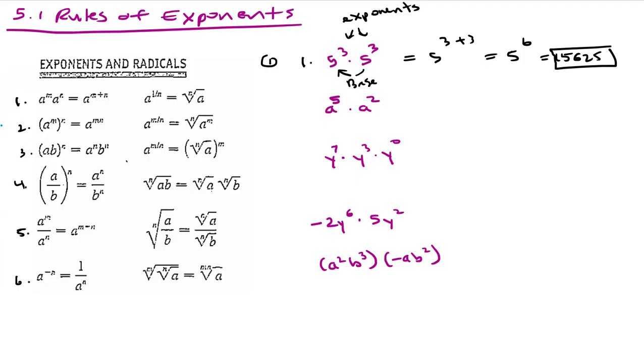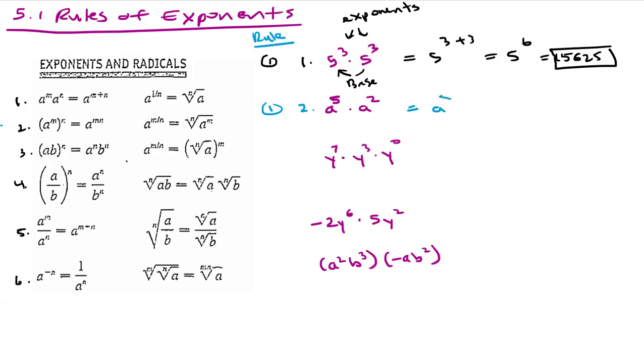The second one is the same thing. We're going to use rule number one because the bases are the same. Sorry, I put two there. Using rule number one, the bases are the same, so I get to add the exponents.